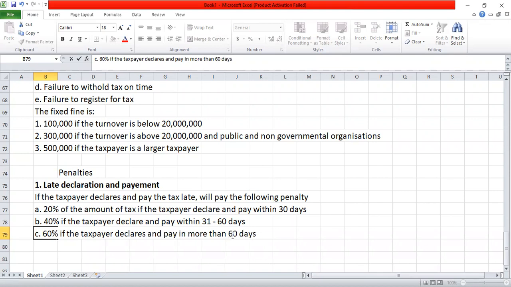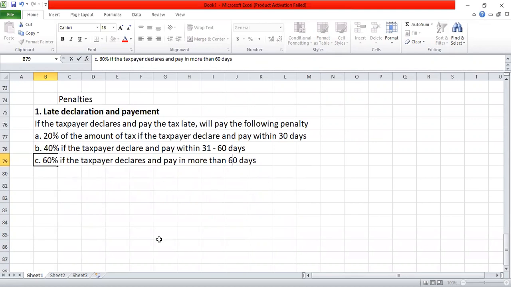So in that case, a taxpayer will be charged a penalty of 60%. So you look at the days when the taxpayer was supposed to declare, and then you compute the penalty based on the number of days the taxpayer was late to declare and pay tax.